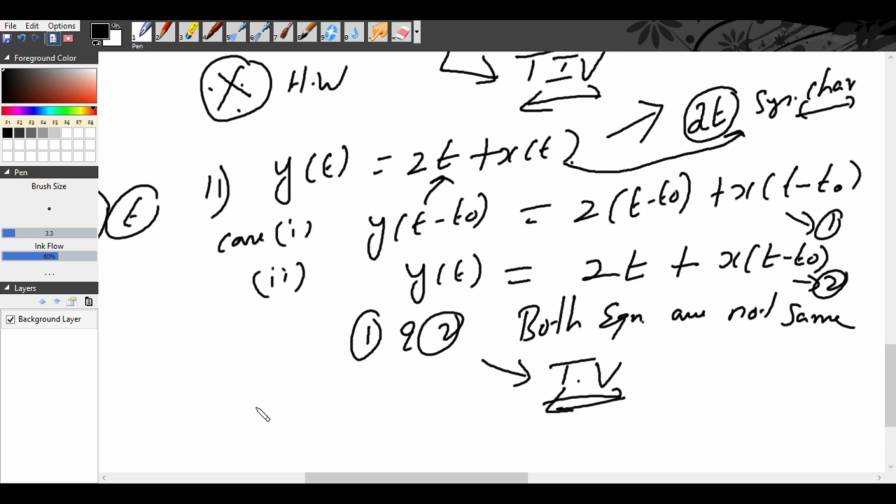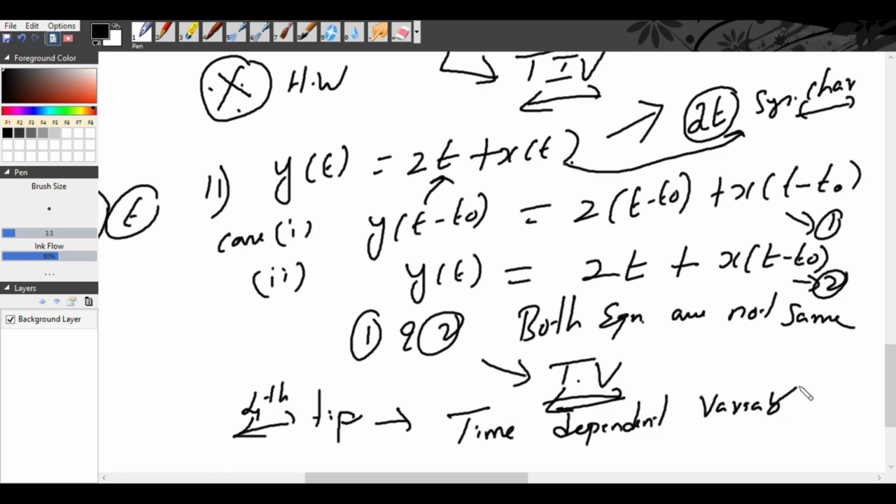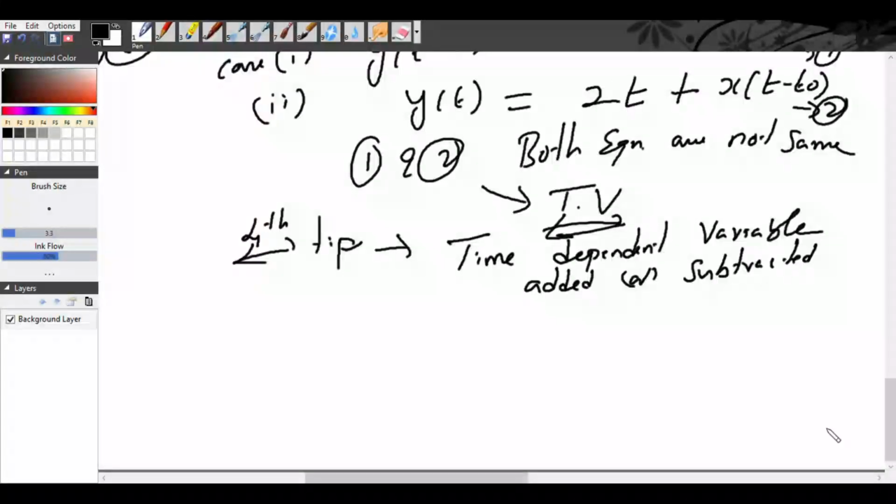So we are going to conclude one more tip, the fourth tip. The fourth tip is this: if the given system or equation has a time dependent variable added or subtracted, whatever the case, that kind of system is going to be a time variant system.